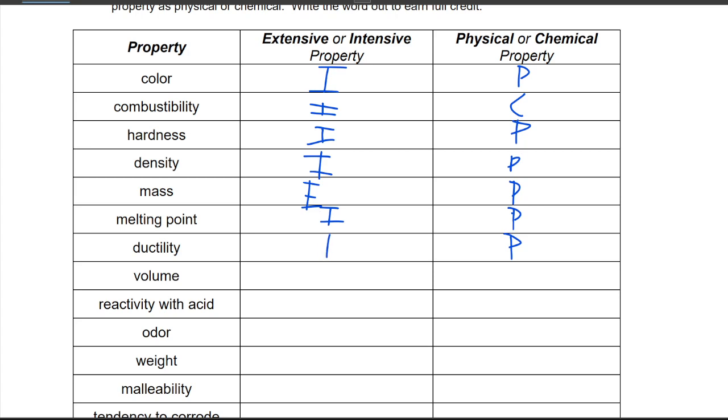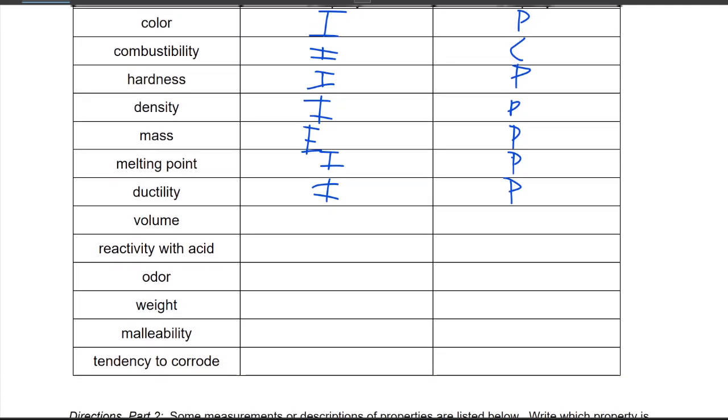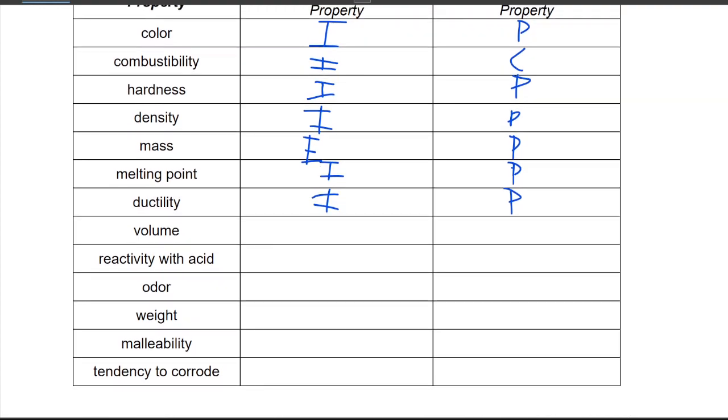It depends on the actual metal itself, not how it reacts with something. Volume was one of our extensive examples. Volume of a small bottle of water and a volume of a large bottle of water will differ greatly. Volume, however, is physical. Nothing reacting.